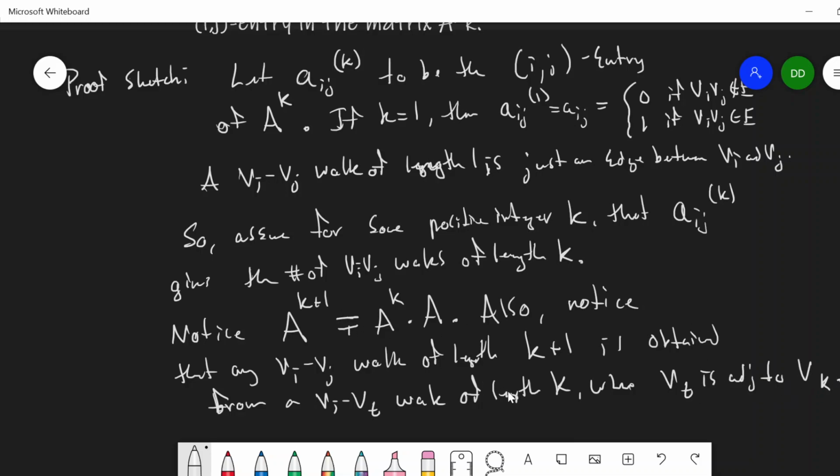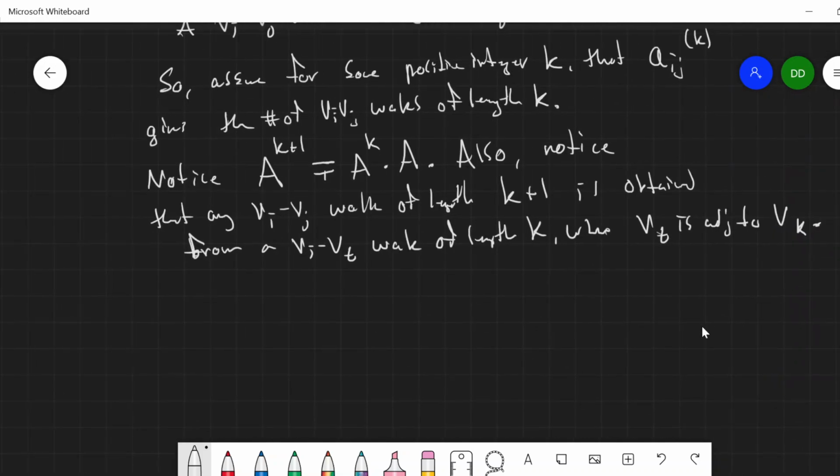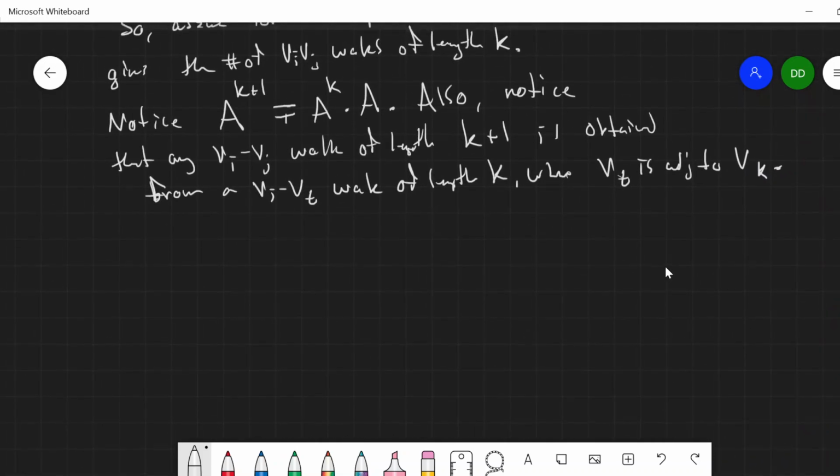So that is, I get a walk of length K plus 1 between Vi and Vj. One way to do that is to look at all of the Vi-Vt walks of length K, where Vt is some vertex adjacent to Vj. And then adding that edge between Vt and Vj will give me a walk of length K plus 1.